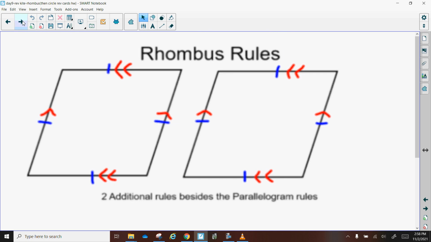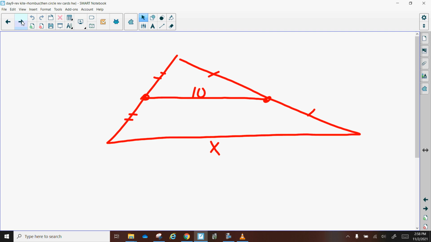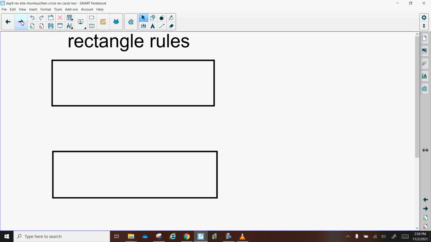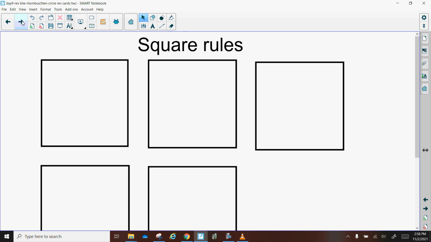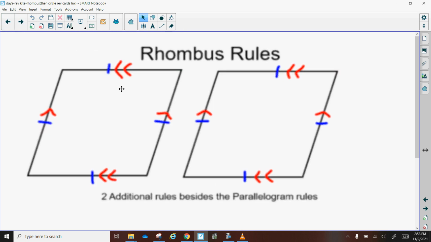What we're going to learn today is some additional rhombus rules, and then also a little bit more on rectangles and squares. Right now, the rhombuses.